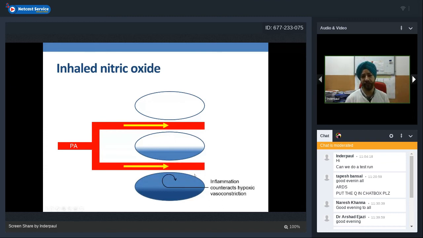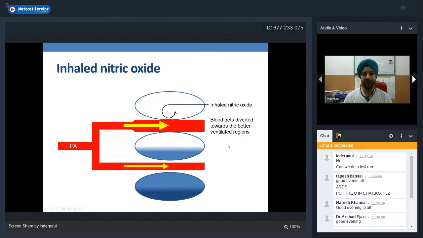However, in ARDS, you also have a lot of inflammation, which counteracts this hypoxic vasoconstriction, and thus you have increased ventilation-perfusion mismatch and increased shunting. So what inhaled nitric oxide does is that it diverts the blood to better ventilated regions. So it theoretically improves the ventilation-perfusion mismatch.